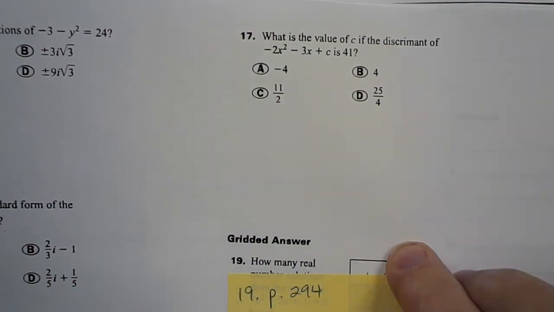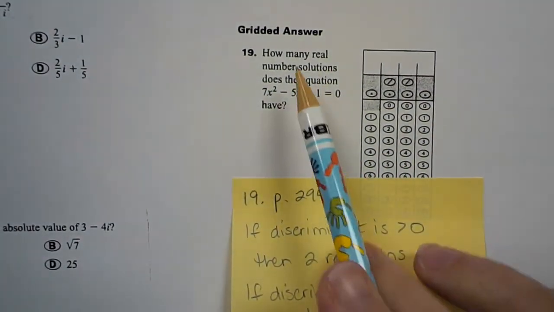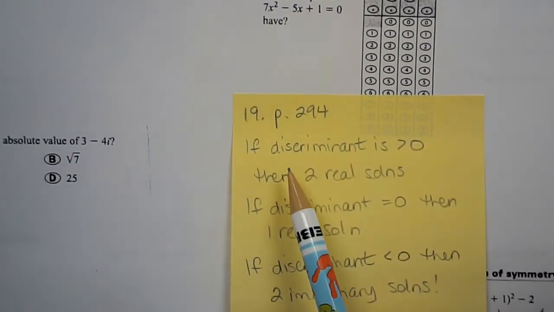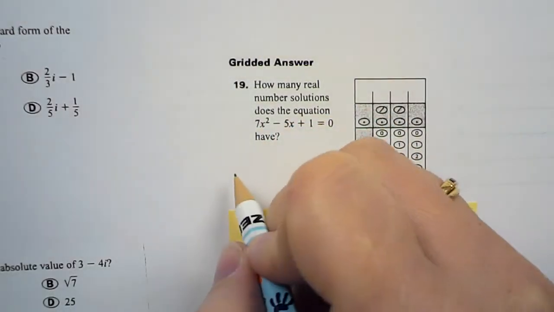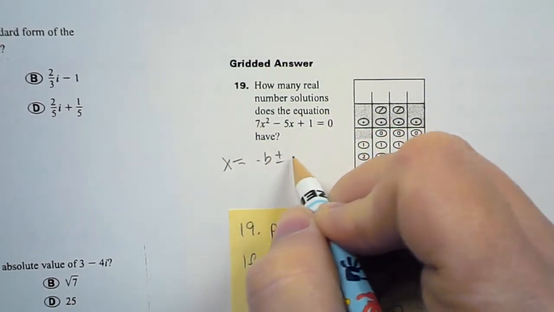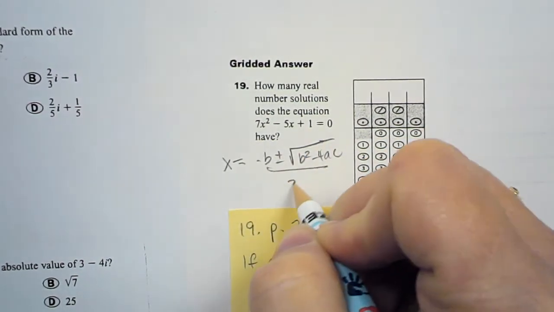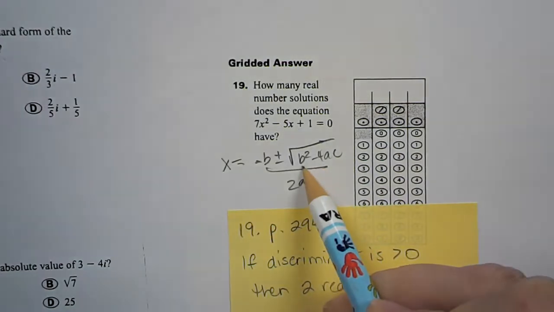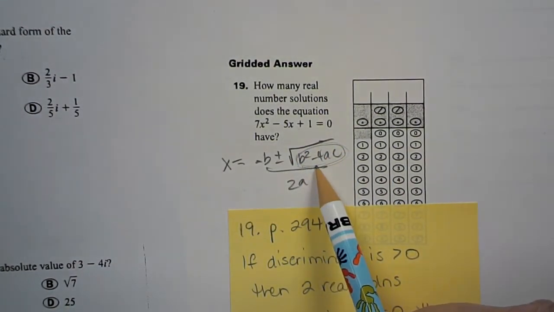Okay, number 19, it says how many real solutions are in this. Well, you look at your discriminant, and remember the discriminant is what's going to end up being when you use the quadratic formula, negative b plus or minus the square root of b squared minus 4ac, all over 2a. The discriminant is what is underneath the radical.